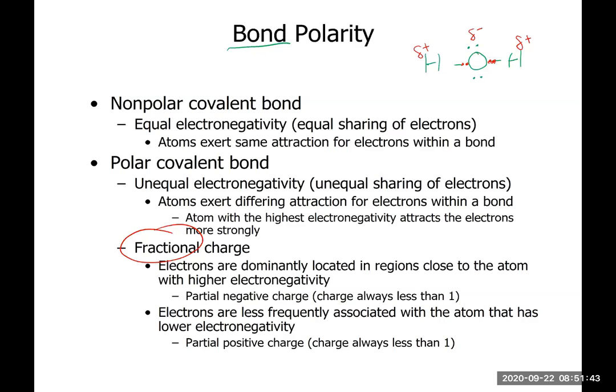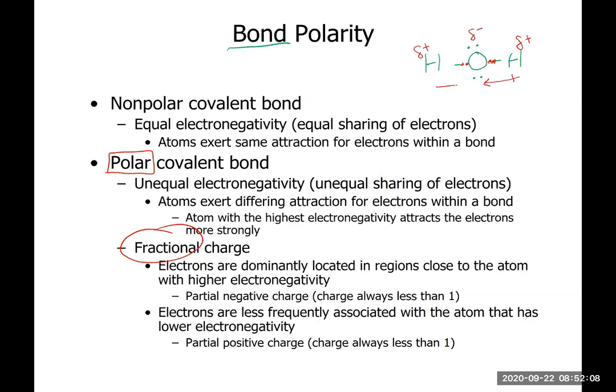We can also show this bond polarity, what we call bond polarity, and so these bonds are both polar. We can show that bond polarity by drawing an arrow with an arrowhead that points towards oxygen and a positive symbol on the other tail end of it that points towards our least electronegative atom.